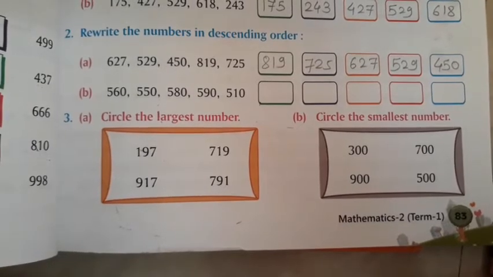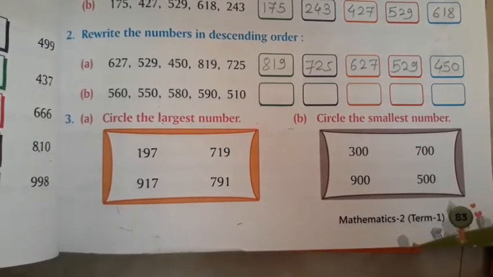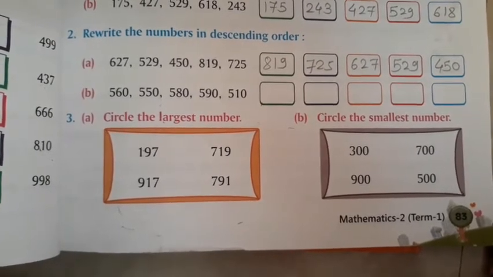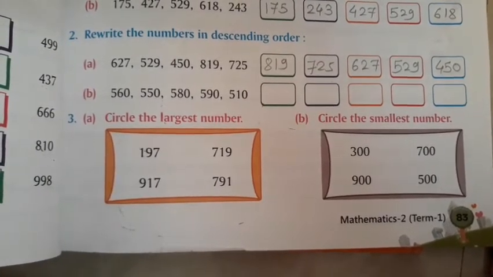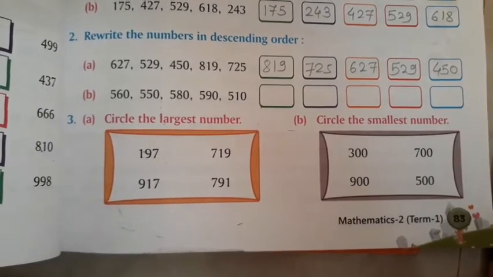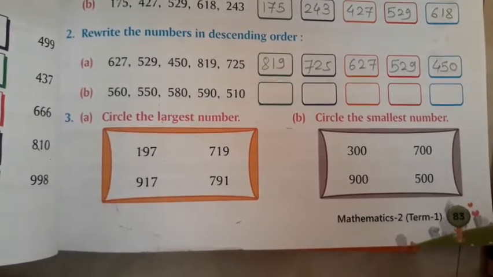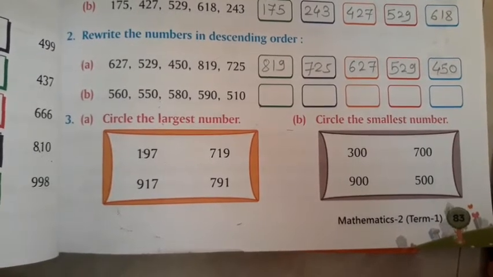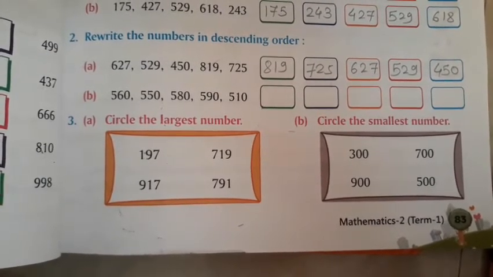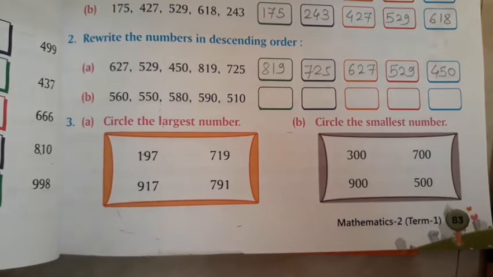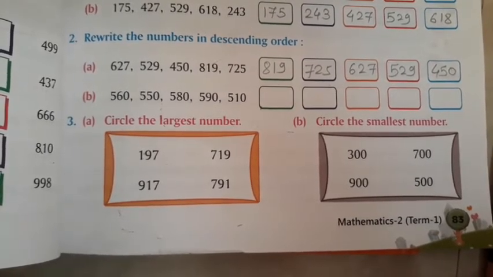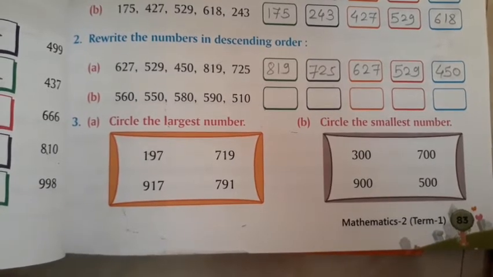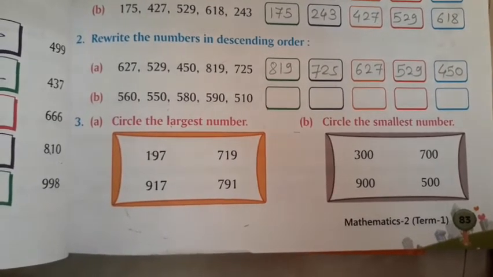Then next, look at the tens place. 6, 5, 8, 9, 1. So the greatest digit is 9. So the greatest value is 590. Next, the greatest in the tens place is 8.